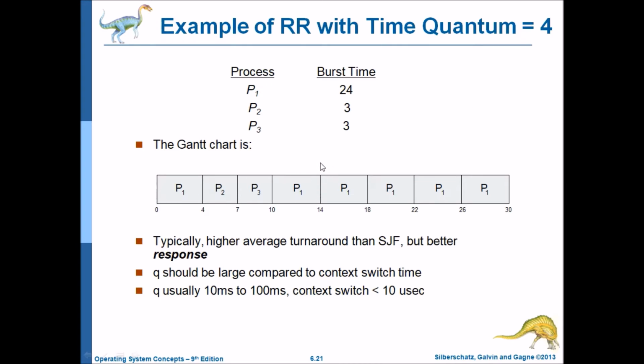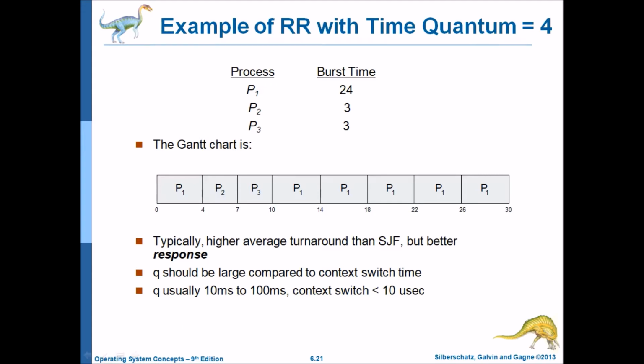It preempts P1 and then evaluates again. But since there is nothing left in the queue, P1 runs again for another 4 milliseconds, and again for another 4 milliseconds, until it finishes at 30 milliseconds.